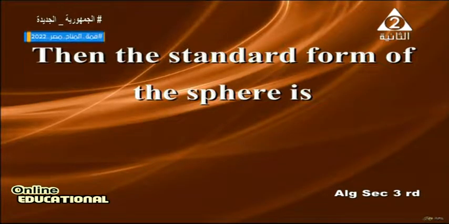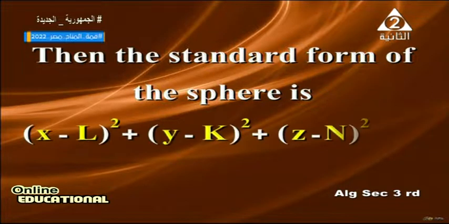The standard form of a sphere: (x minus L) squared plus (y minus K) squared plus (z minus N) squared equals R squared. Remember, this is called the standard form of a sphere. (L, K, N) is the center of the sphere.